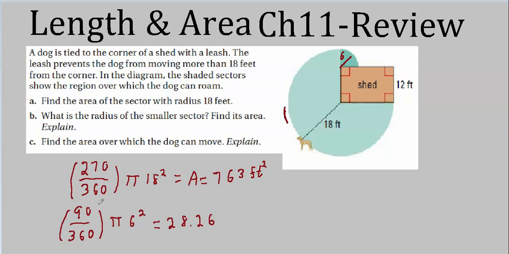So we just write out the fraction of the whole, which is represented by our sector. That's 90 over 360 times pi times 6 squared. I get 28.26.